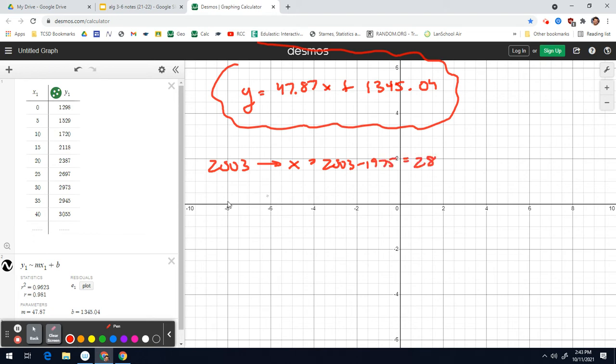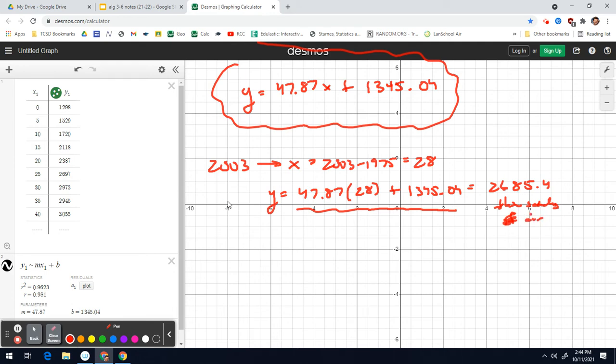That is the x value, so we plug that into our equation: y equals 47.87 times 28 plus 1345.04. You just type all this into Desmos as it looks, and you get 2685.4. That's in thousands of air miles.